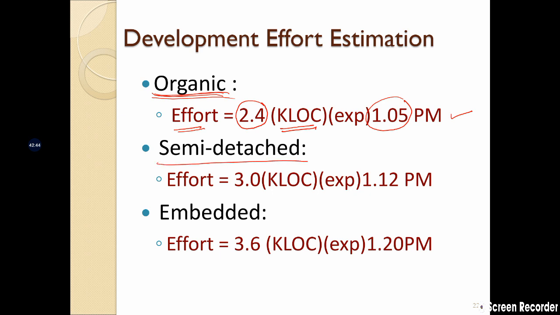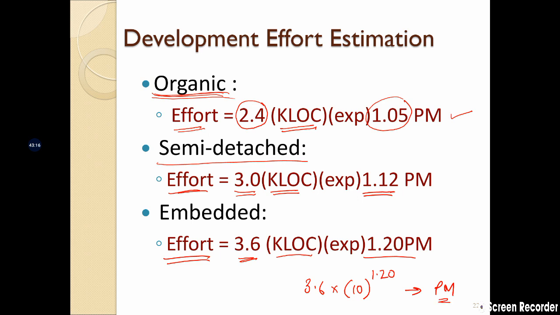For semi-detached, like utility programs, effort is given by 3 times kilo lines of code to the power 1.12, and for embedded software, effort is given by 3.6 times kilo lines of code to the power 1.20. So suppose it's 10 kilo lines of code to the power 1.20, and whatever number comes is going to be the effort in terms of person months.